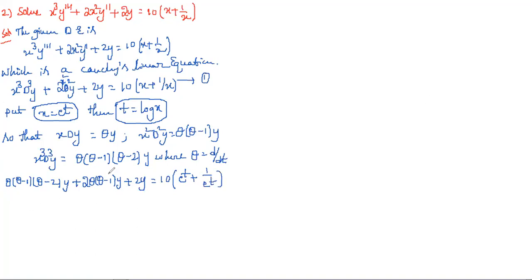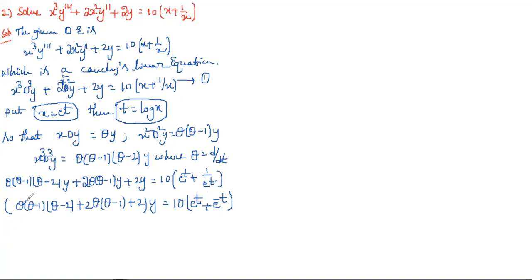In each and every term y is common, so take y as common. Then theta into theta minus 1 into theta minus 2 plus 2 into theta into theta minus 1 plus 2, into y, is equal to 10 into e power t plus e power minus t.